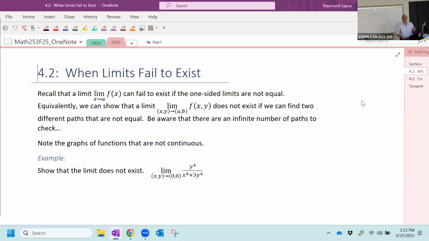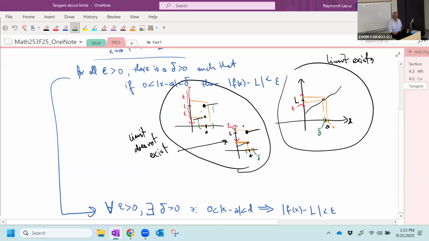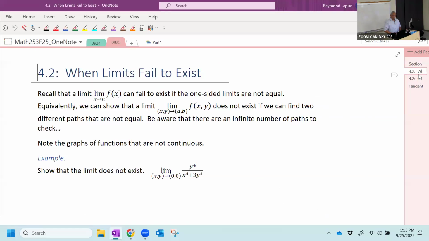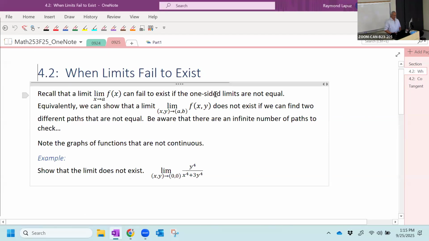Back in Calc 1, there are several reasons for a limit to not exist. One of the things that we did is that if it comes from one side and from the other side and they don't match, the limit doesn't exist. If the one-sided limits are not equal, then we can say that the limit doesn't exist.